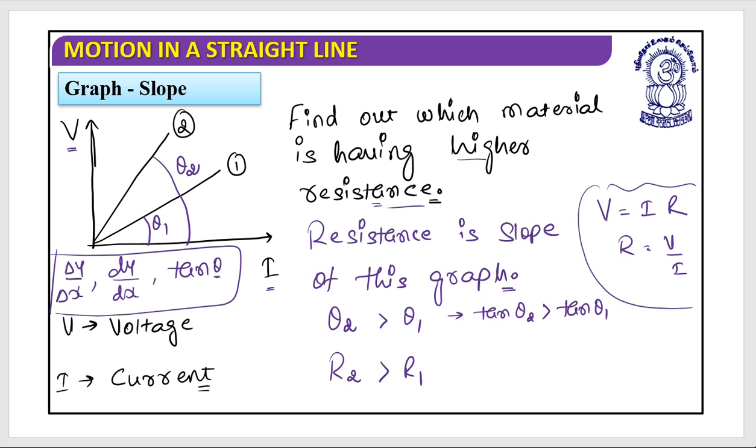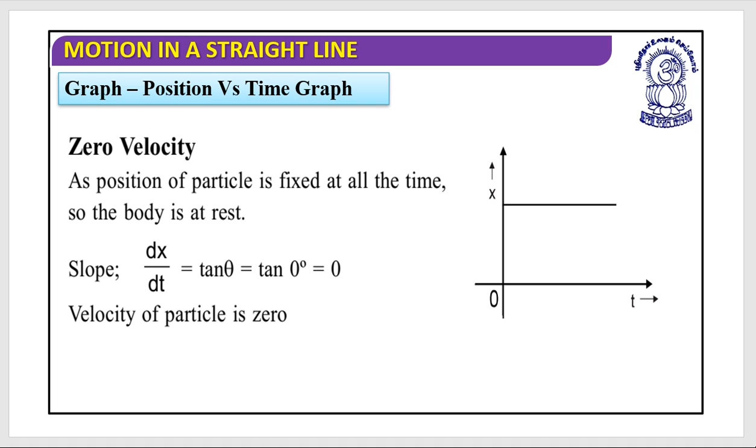Let's look. First, this is the graph. This graph represents position versus time. This is the position and this is the time. Now you need to analyze this graph and tell me what the situation would be. Let's say what the velocity would be.